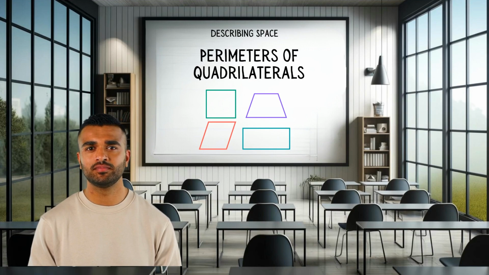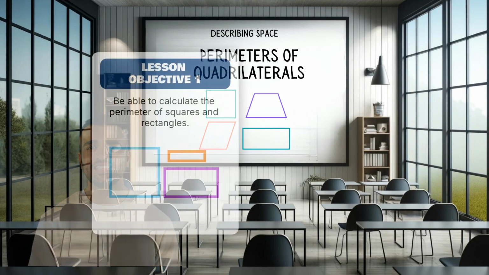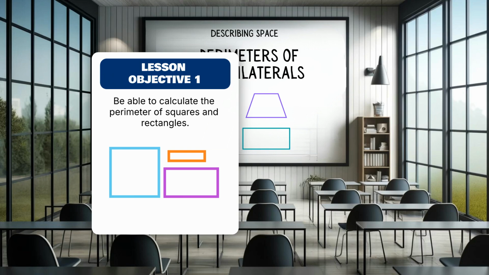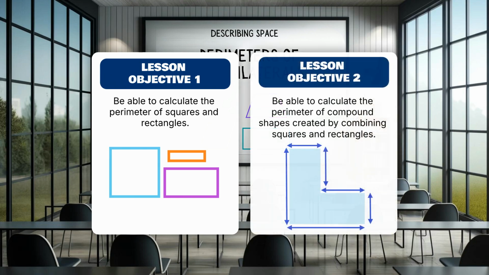In today's lesson, we explored the concept of calculating the perimeter of various shapes, specifically focusing on squares, rectangles, and more complex compound shapes. We began by discussing the perimeter of a square using the formula 4 times x, where x is the length of one side.